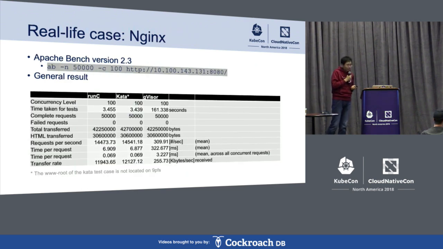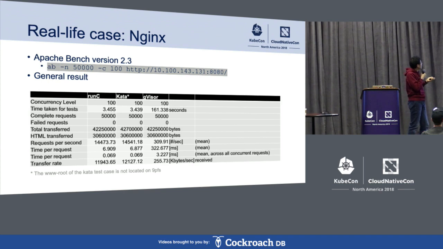So we try to have some real life tests to measure what the different data before means for real life. The first case is to run Nginx with runc, gVisor, and Kata containers. This is the general result of the Nginx test.